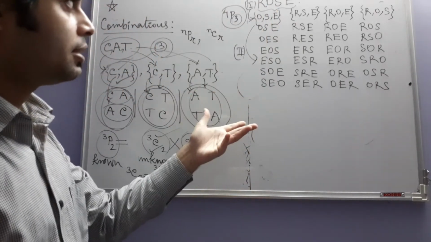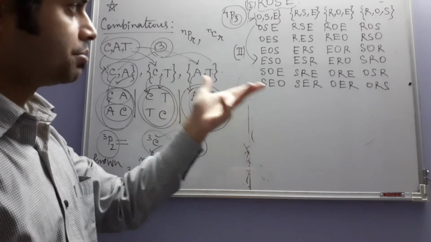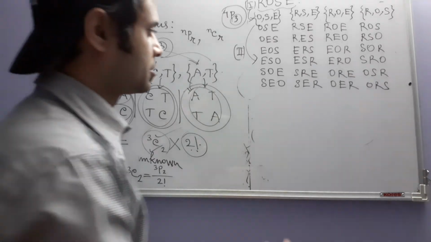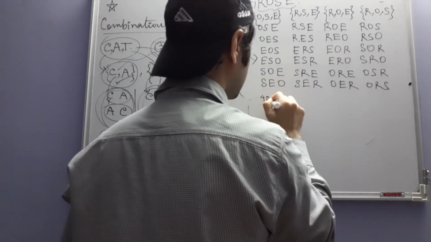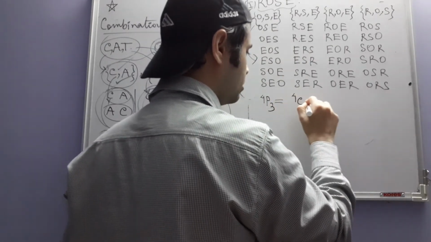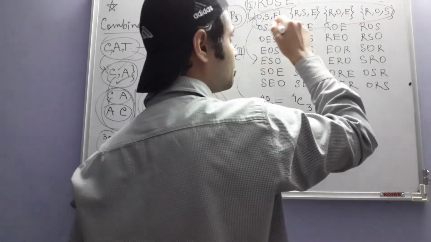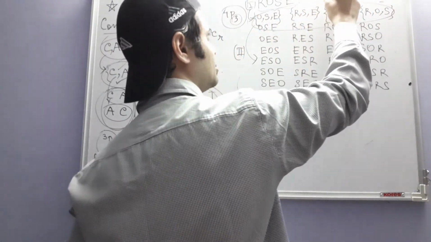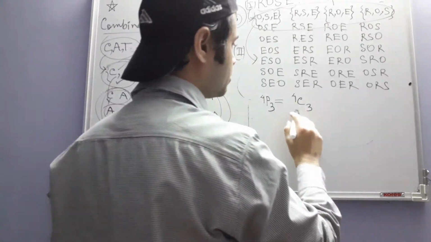So you can see that the second step in this case gives me 24 permutations. So here also 4P3 is the total number of permutations, but 4C3 is the unknown, which is this. And from this actual example, we see that it is 4.